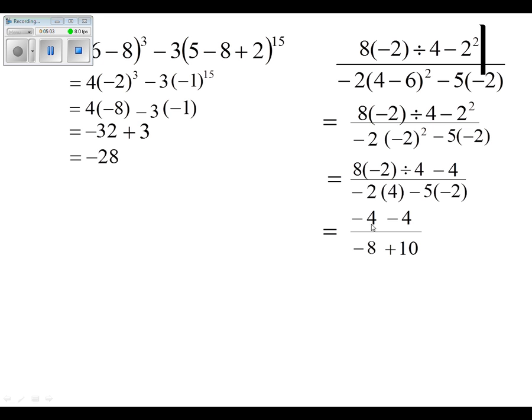So negative 4 minus 4 is negative 8, and negative 8 plus 10 is positive 2. Now we simplify the fraction. That line means divide, so negative 8 divided by 2 simplifies down to negative 4.